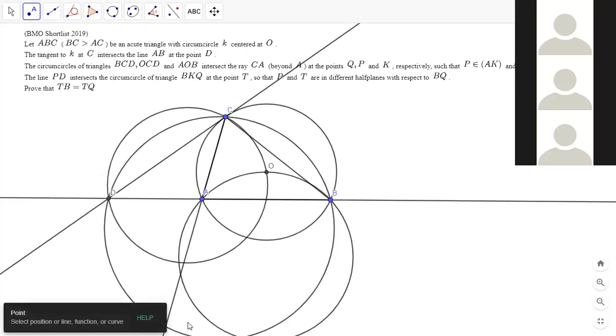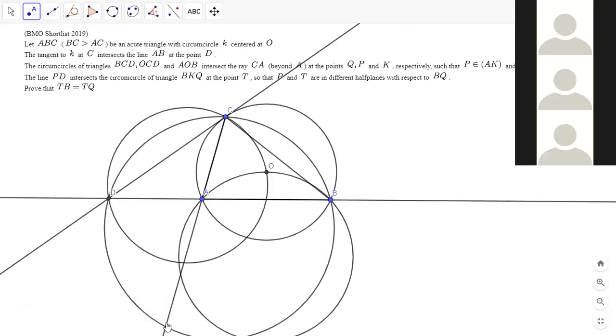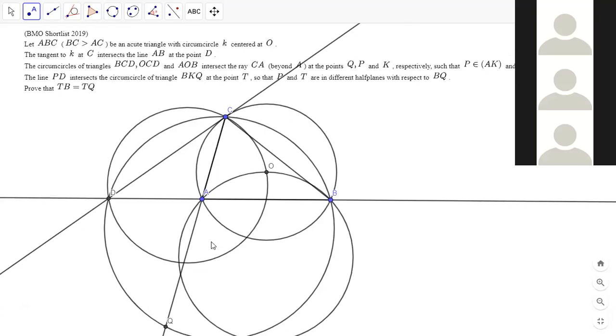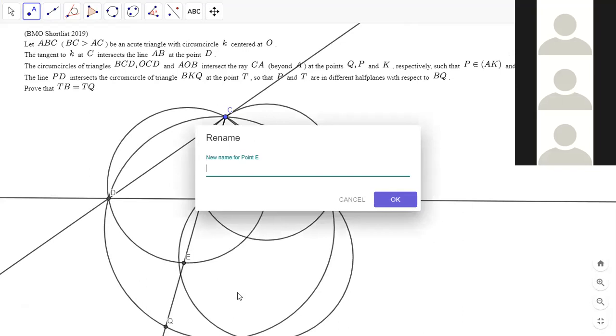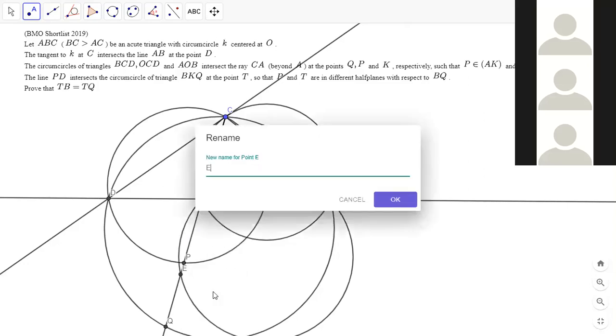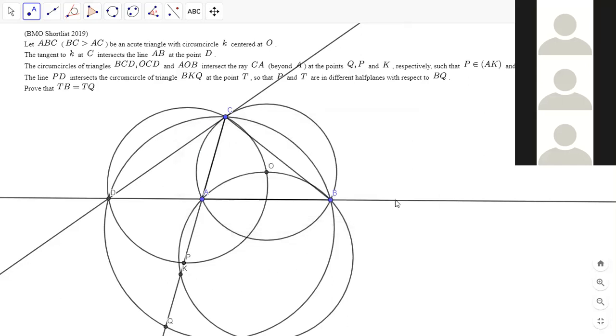So BCD intersects it at Q. OCD intersects it at P, and AOB intersects it at K. So P is on AK and K is on PQ.